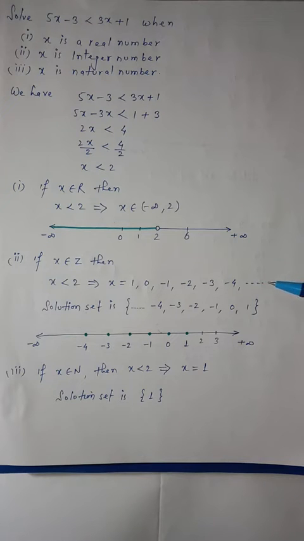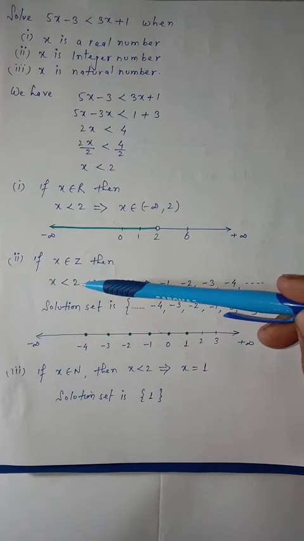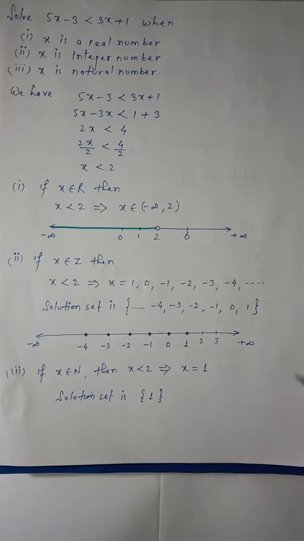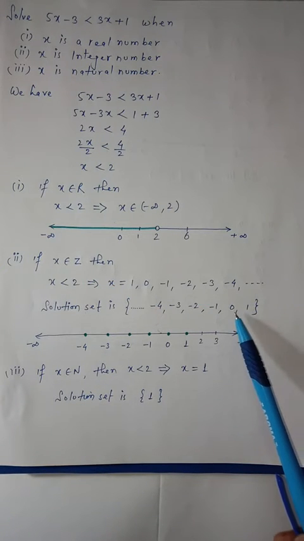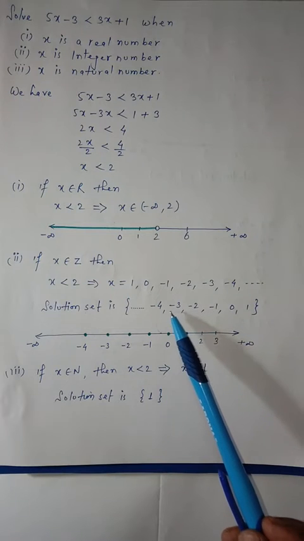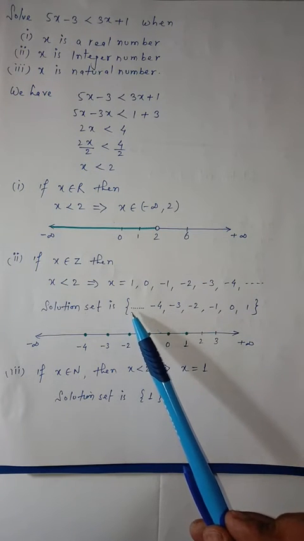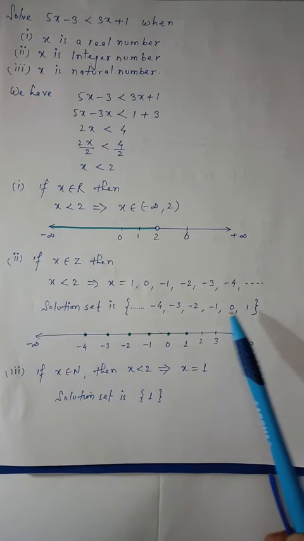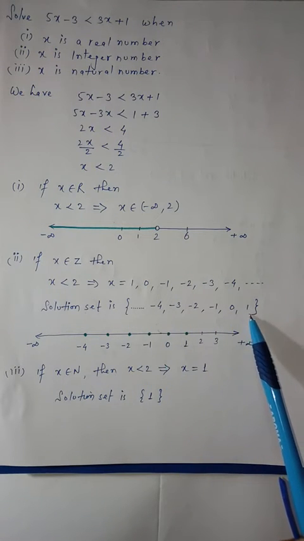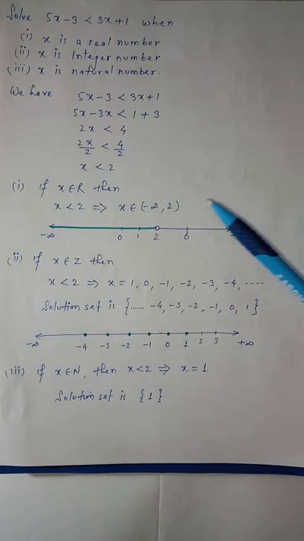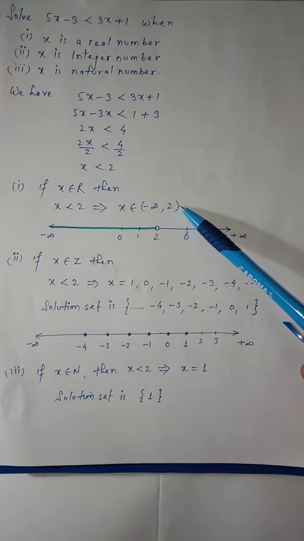In the same manner we will get different integers which are less than 2. So in this case the solution set will be in this form: 1, 0, minus 1, minus 2 and till infinity. This set is written in roster form, whereas the earlier set was written in set builder form or interval form.